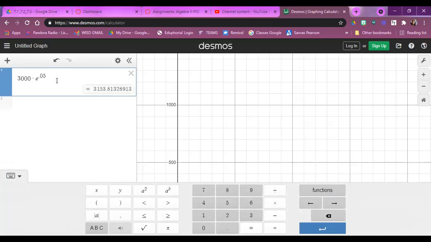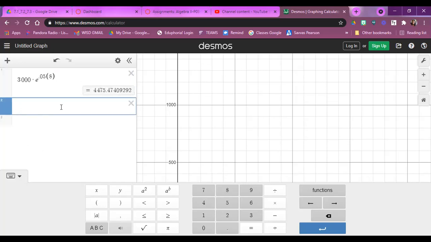Uh-oh, I need it to be up there, times 8. Apparently, I need to put parentheses in order for that to work. And there's my value. So after 8 years, I now have $4,475.47.